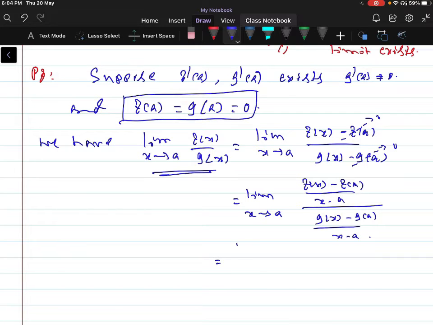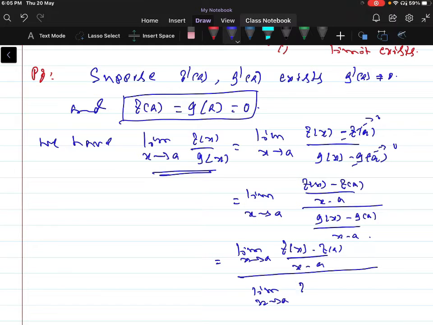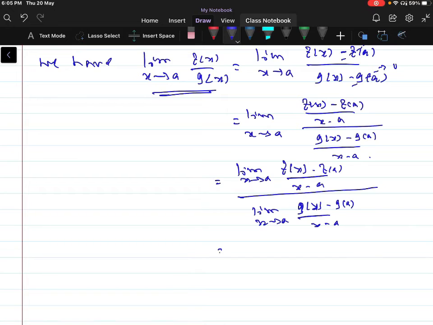So this implies limit as x approaches a, f of x minus f of a by x minus a divided by limit as x approaches a, g of x minus g of a by x minus a. So this is the definition of derivative at x equal to a.